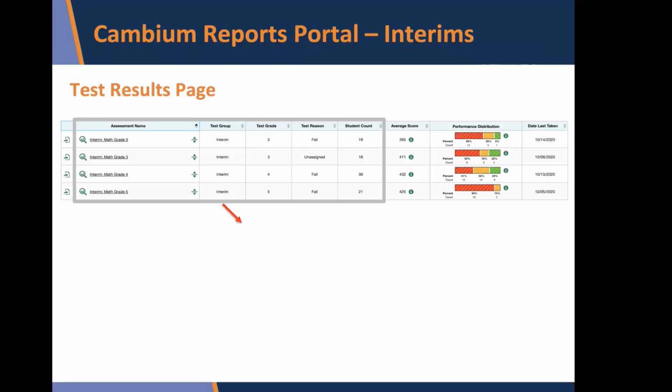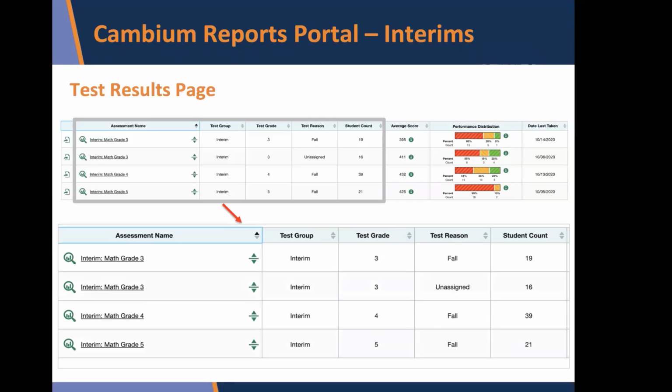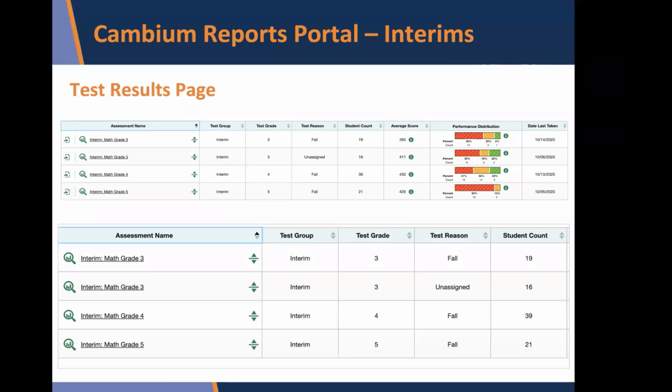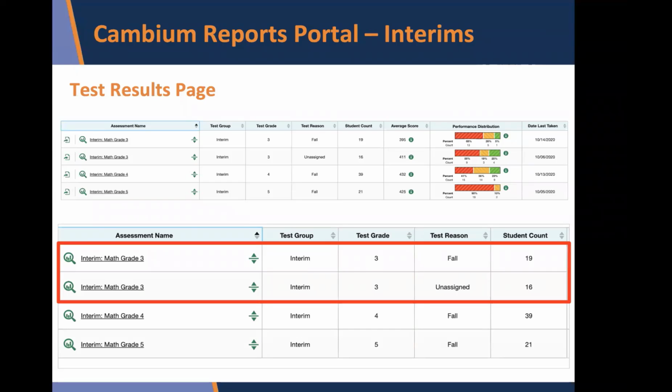So if I drill into this section here, if you were part of any of our webinars on how to administer the interims, Anne was talking a lot about the test reason and keeping it unassigned, or at least choosing the same test reason for each grade level. This is an example of why. So here's our test reason here. We have a couple of different test reasons. So if we look at this math grade 3 assessment, you can see there's 2 different test reasons here.